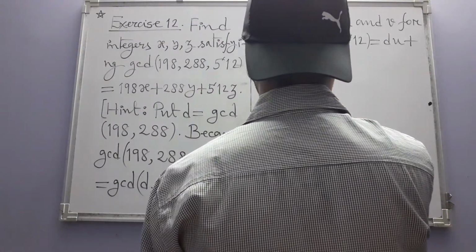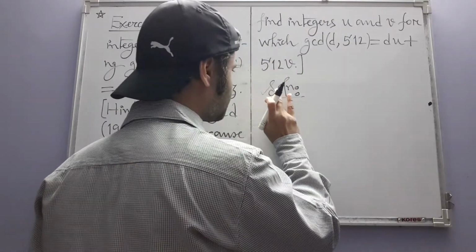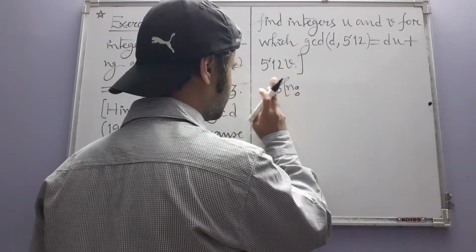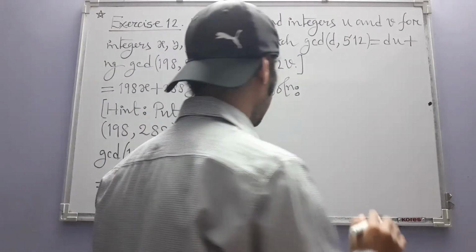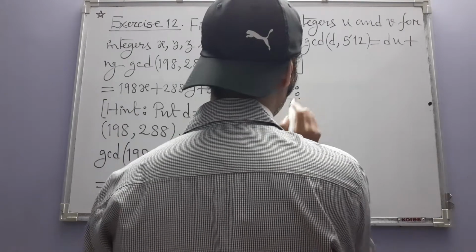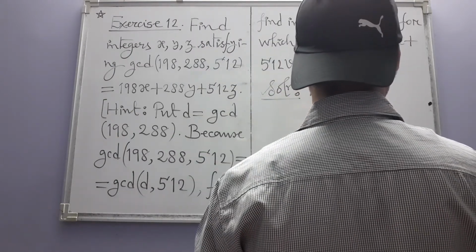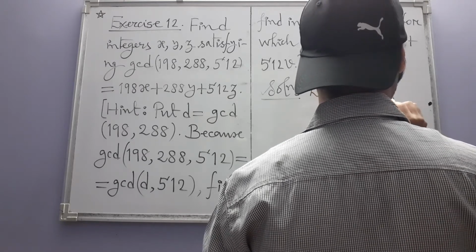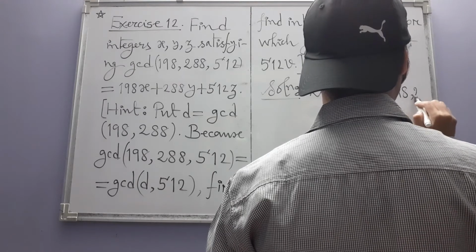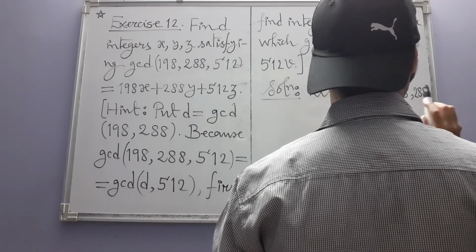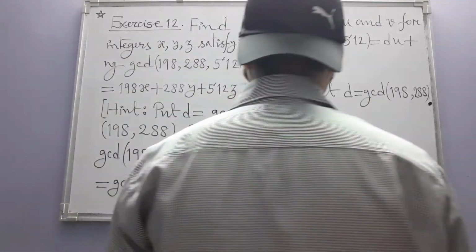So we start the solution. We first find D, and D is the GCD of 198 and 288 by the Euclidean algorithm. So let D be the GCD of 198 and 288. Okay, so now we write the equations.